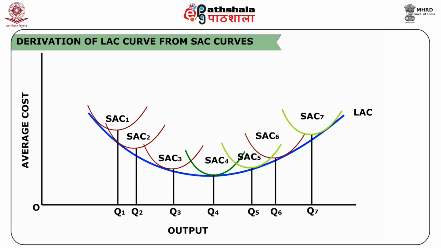The LAC is therefore not the locus of lowest points of SAC curves. It is only at OQ4 level of output under constant returns to scale that LAC is touching the minimum point of SAC4. The LAC curve is also known as the envelope curve as it envelops the short-run cost curves.